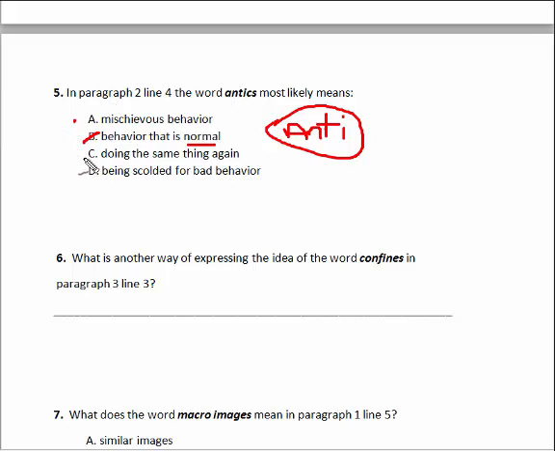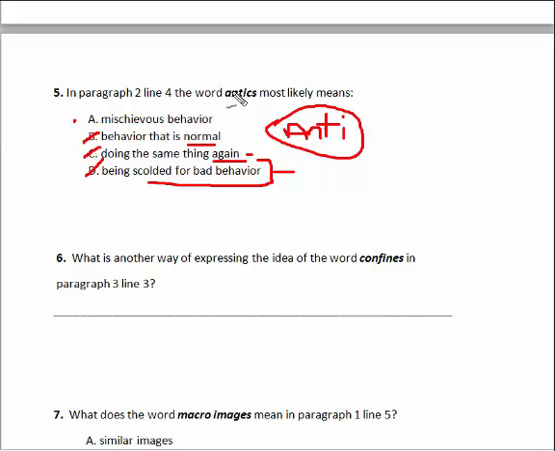I just kind of combined everything and came up with a definition. Let's continue on. C, doing the same thing again. Is that a bad kind of a thing? Is that self-satisfying? Not really. Cross that out. It's off topic. D, being scolded for bad behavior. That is a distortion. It says kind of what that word, the self-satisfying thing. Cross that one out.